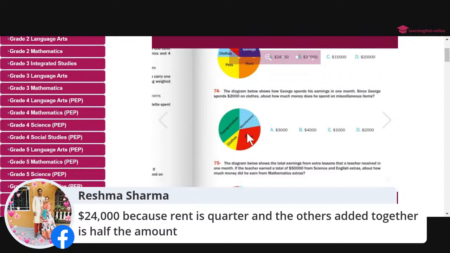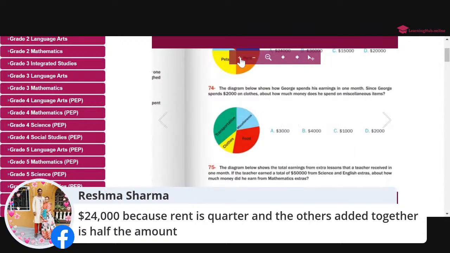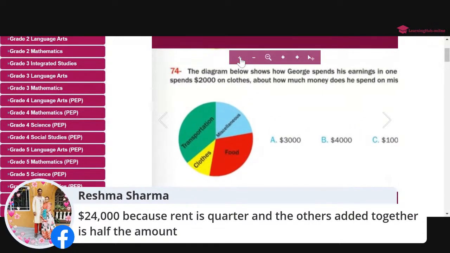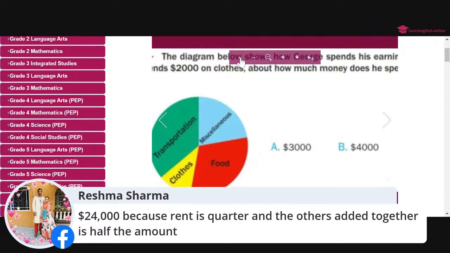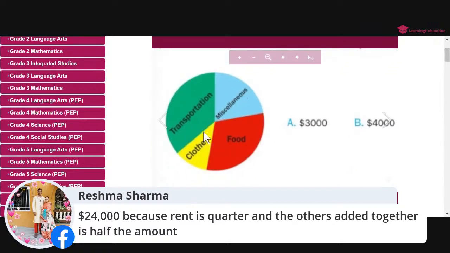So George spends $2,000 on clothes, and we're trying to find how much money he spends on miscellaneous. Okay, so let's zoom in. All right, so George spent 2,000 on clothes, the clothes right here, and we're trying to figure out how much he spent on miscellaneous. So let's get that going.